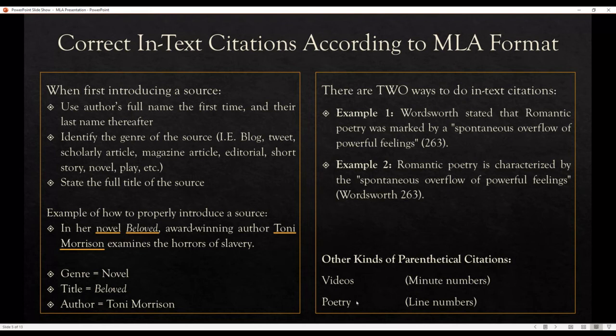And when citing poetry, rather than page number, we want to cite line number, since poetry has line numbers attached to it. So rather than saying you're quoting the poem on page 17 of a book, you'll quote line numbers 6 through 12.